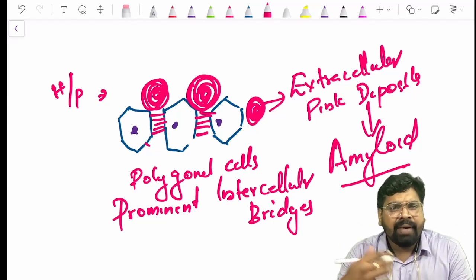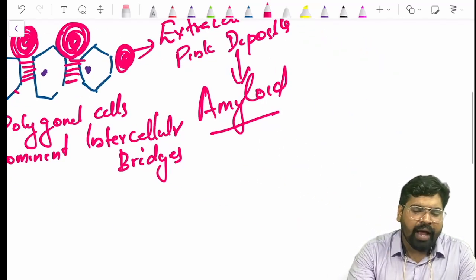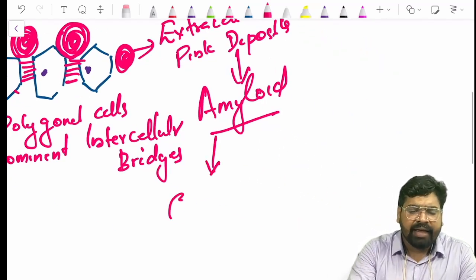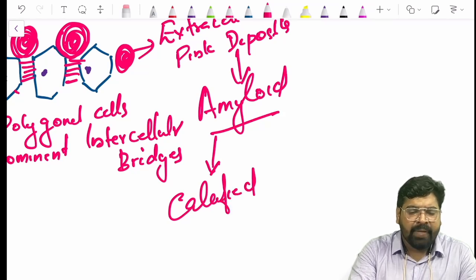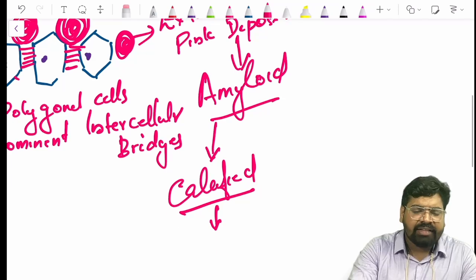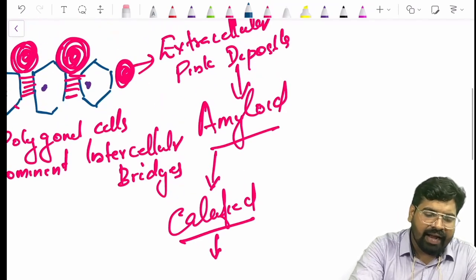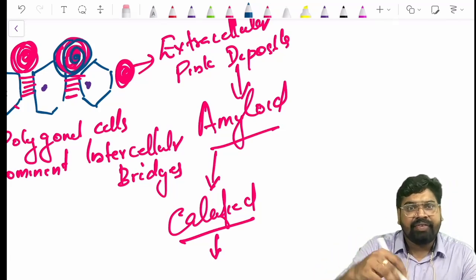And what happens to these amyloid deposits over time? With time they get calcified, and they calcify in a pattern. When they get calcified, they turn blue in color.